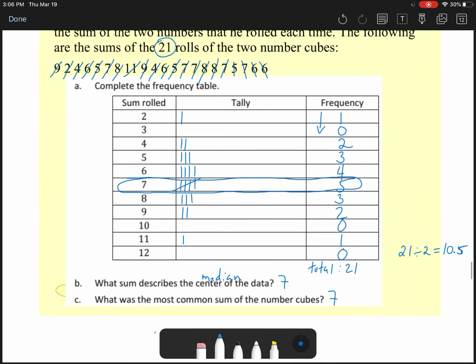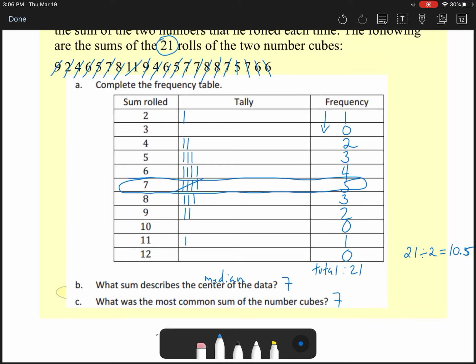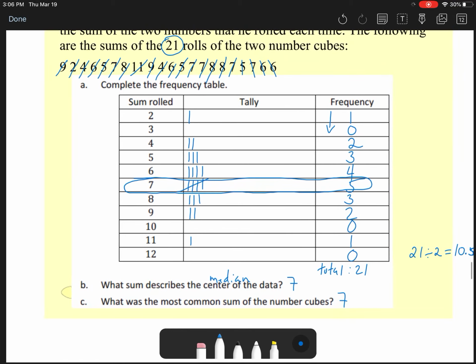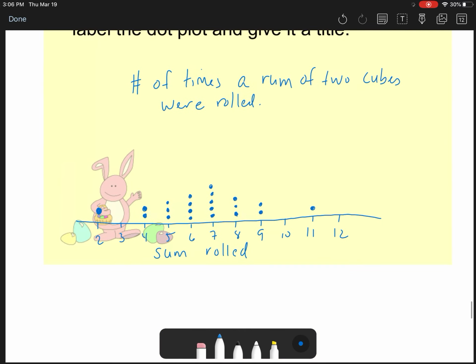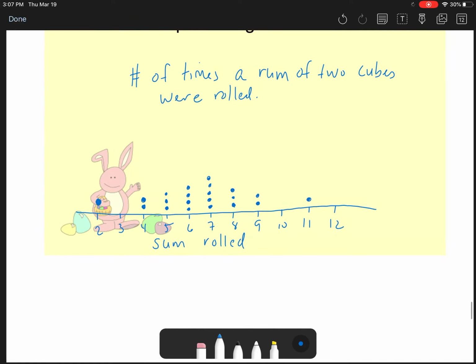It may not be as easy to see, especially if we don't have the tallies there. With the frequency column, you might just look at it and say, all I see is a bunch of numbers here. When we actually graph it using the dot plot, it gives us a visual representation of how the data plays out. And you can see that 7 has the highest number of times it was rolled.